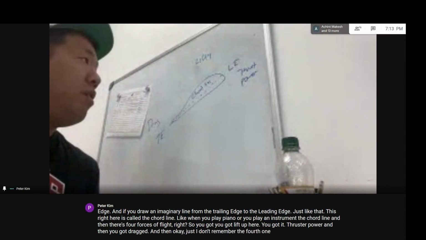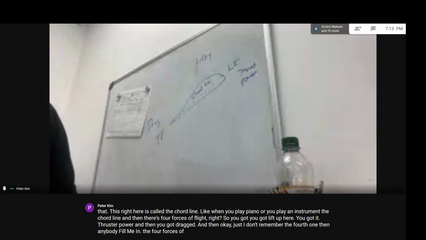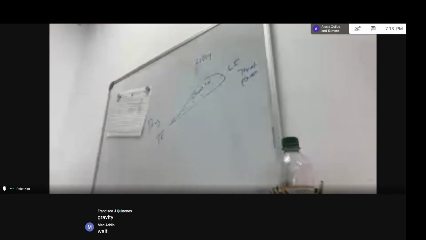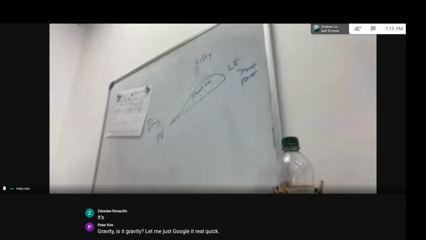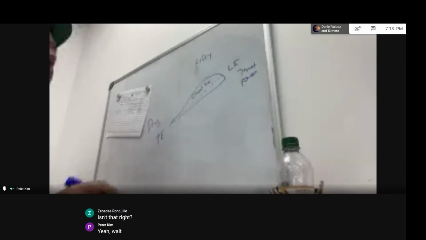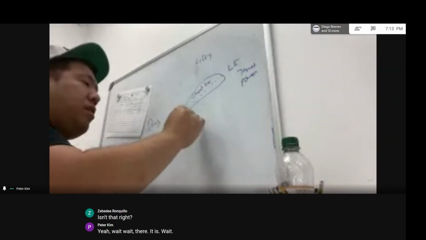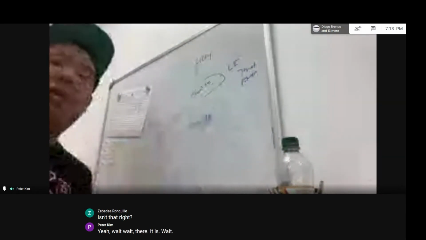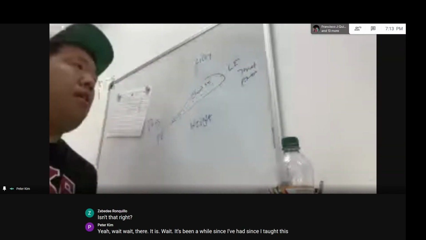Can anybody fill me in? The four forces of flight? Is it gravity? Let me just Google it real quick. I thought it was weight. Yeah, weight. There it is. Weight. It's been a while since I taught this lesson.